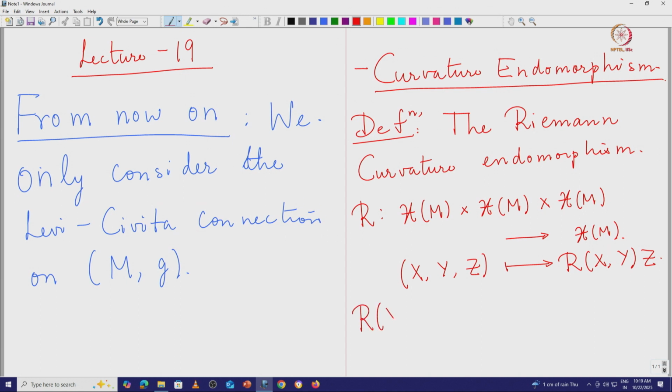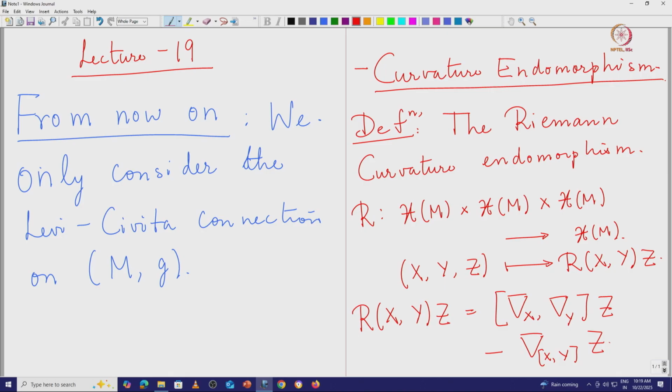So by definition, R of X, Y, Z is just going to be the covariant derivative of Z, first with respect to Y, then with respect to X, minus the covariant derivative of, so maybe, sorry, let me write it like this. It's going to be the commutator of the covariant derivatives with respect to X and Y applied to Z, minus a correction term that comes from the Lie bracket.